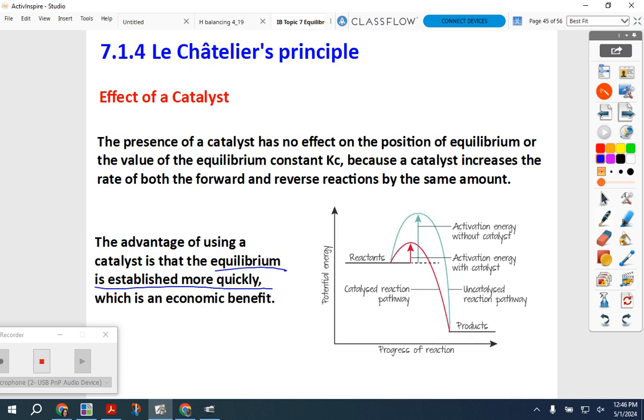What about a catalyst? A catalyst changes the activation energy, right? It decreases the activation energy, makes that hump a little bit smaller. What happens to the activation energy of the reverse reaction with the catalyst?